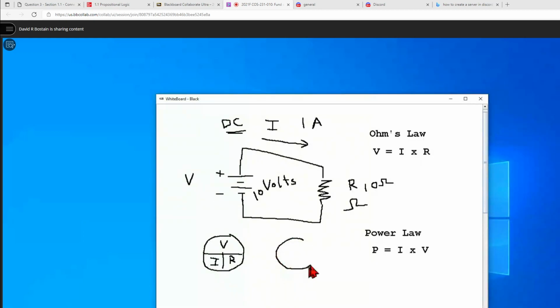So we could draw another one of these if we wanted. An I here, the V there. Cover up the one you want. Power is in watts, W-A-T-T-S, watts.